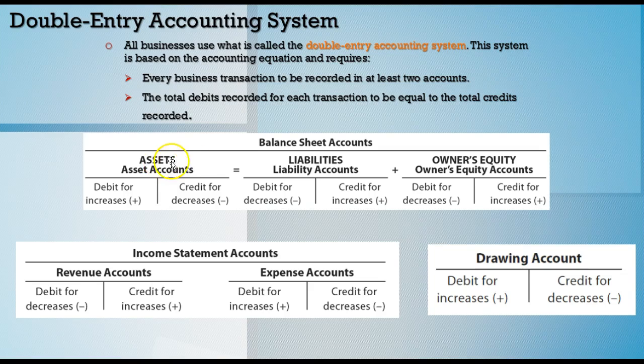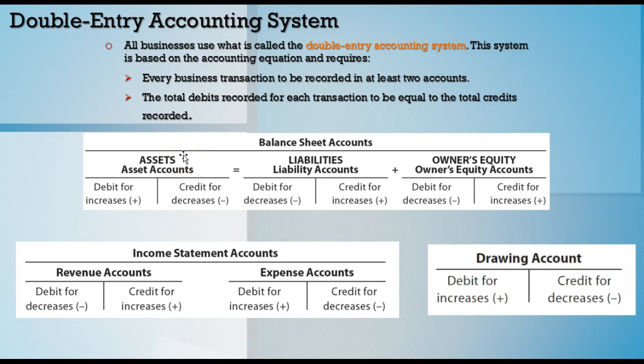Remember, we've got assets equal liabilities plus owner's equity. So if I debit here, I need to credit here or credit here. So we will explain that, and I'll give you some actual pictures of that in a minute. So that explains the double entry.